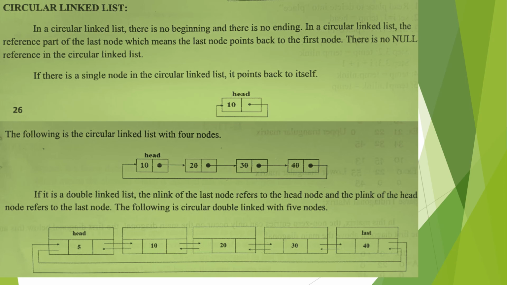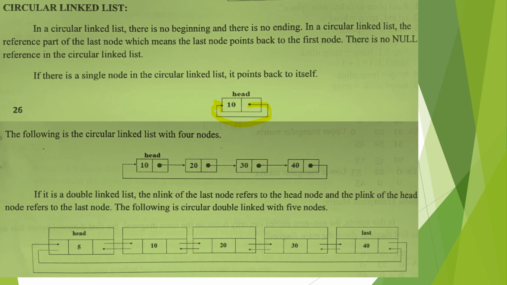Another type of linked list is the circular linked list. Circular linked list means if the last node contains the address of the first node, then it is said to be a circular linked list.